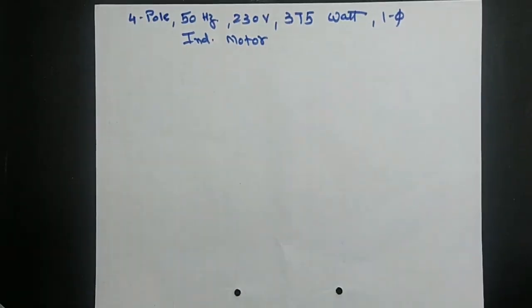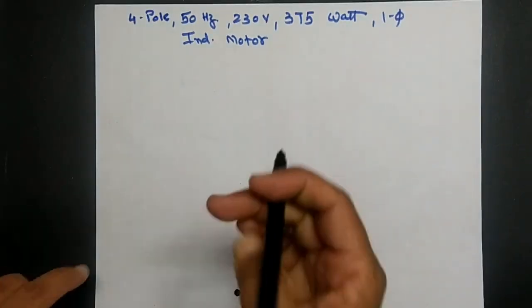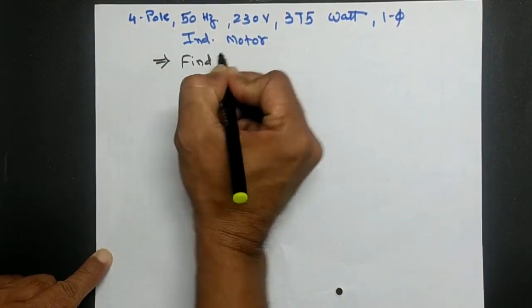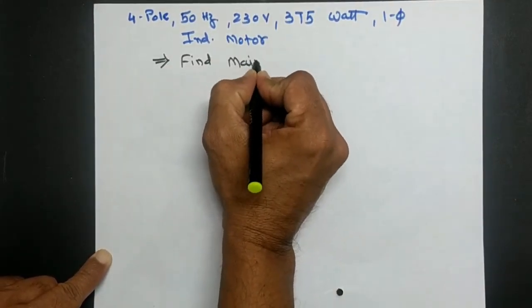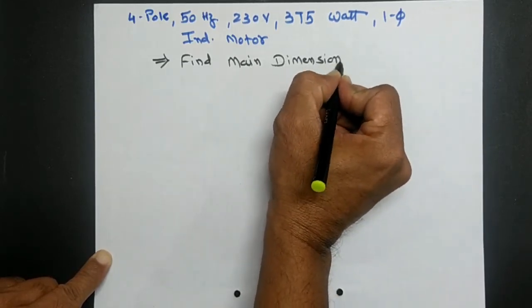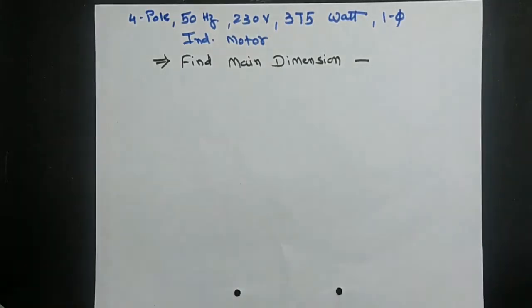We need to find out the main dimensions of the single phase induction motor. So these are the data we have been given, and from this given data we will now find out the main dimensions for the single phase induction motor.